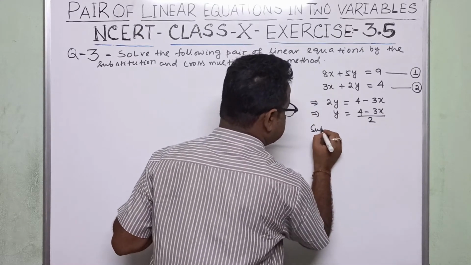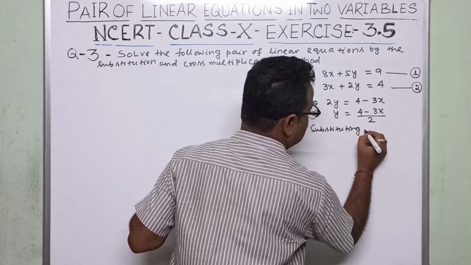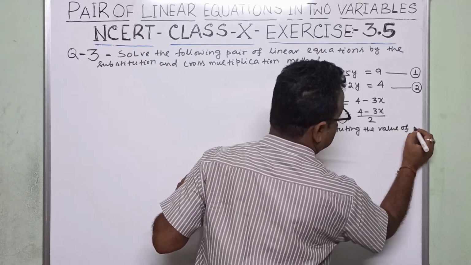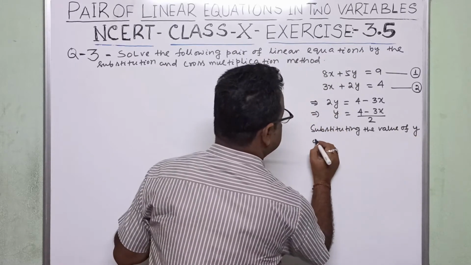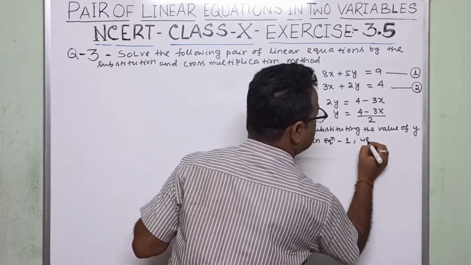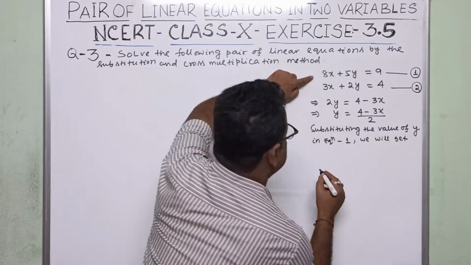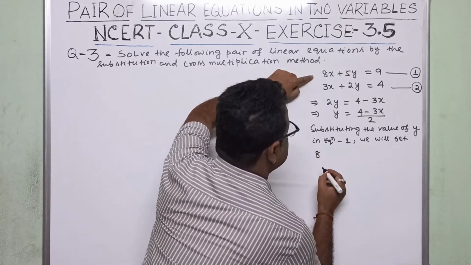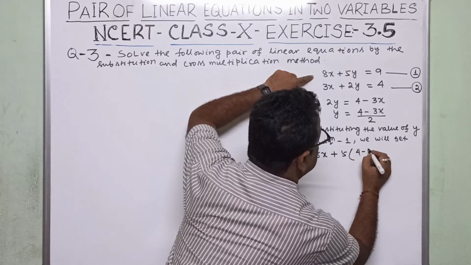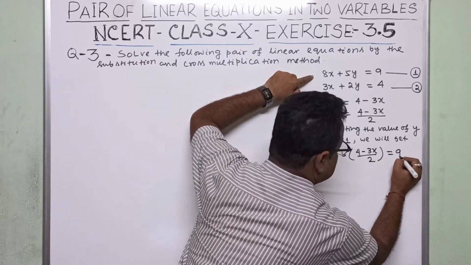Now substituting the value of y in equation 1, we will get 8x plus 5 into (4 minus 3x) by 2 is equal to 9.